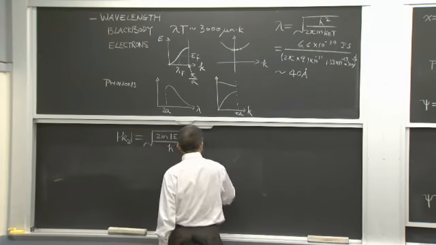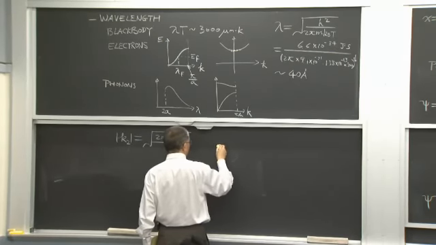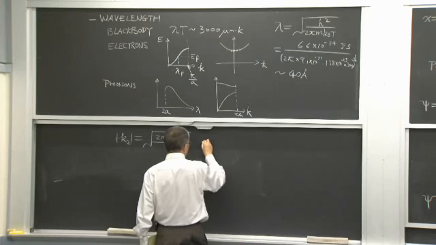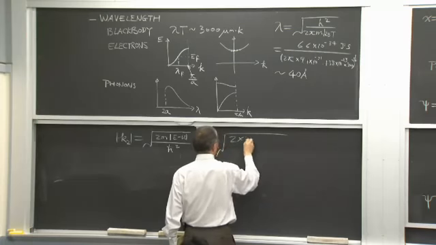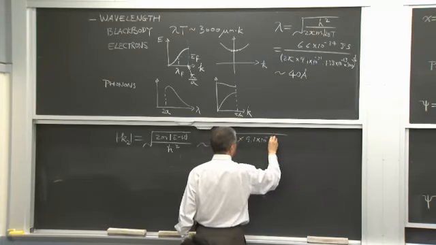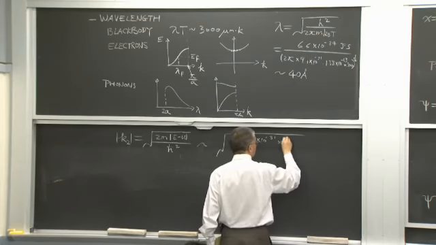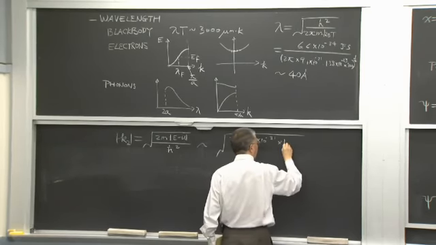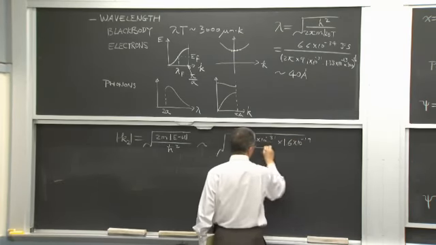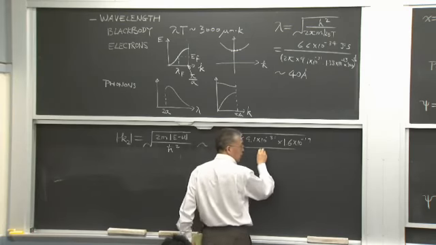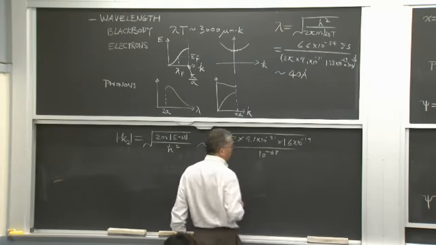So if I look at an electron with mass m, let's say we take 1 electron volt for the energy, what's the order of magnitude? It is 2 times 9.1 times 10 to the minus 31, and 1 electron volt is 1.6 times 10 to the minus 19, over h bar squared, where h bar is 1 times 10 to the minus 34, so that's 68, right?